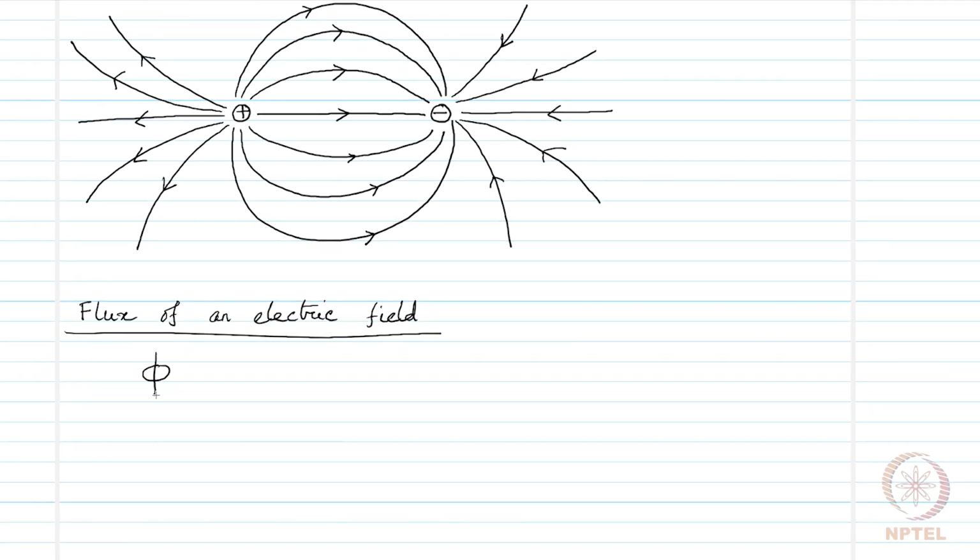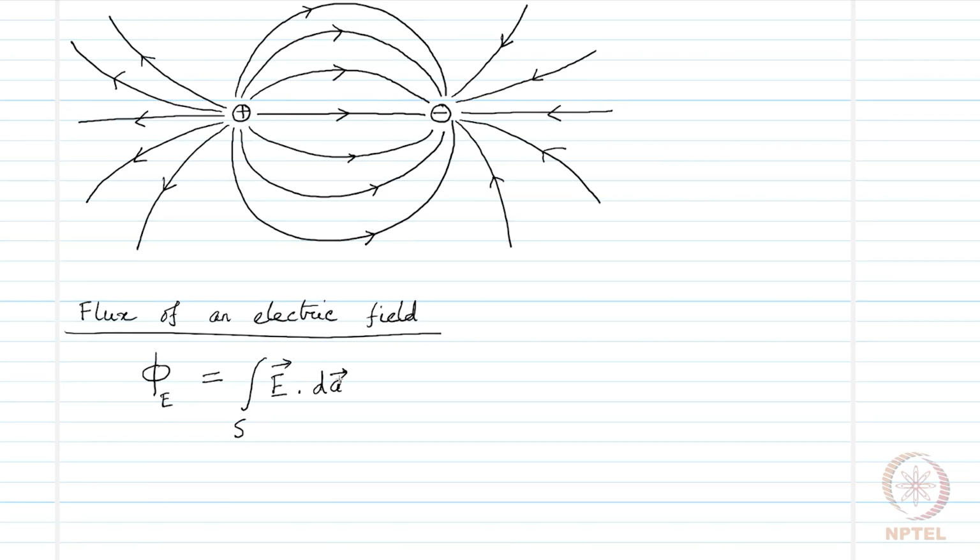We have to define it in an integral form like this. Phi E, the electric flux, can be defined as the integral over a surface on which we are interested in finding the flux, of E dot the area element. In terms of field lines, this is a measure of the number of field lines passing through this area S, and this is also proportional to the charge enclosed in a volume.